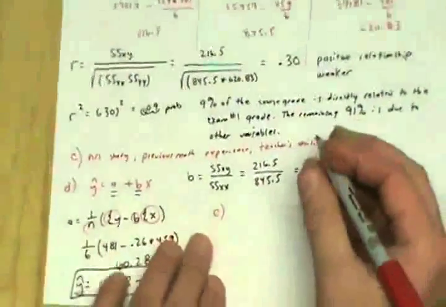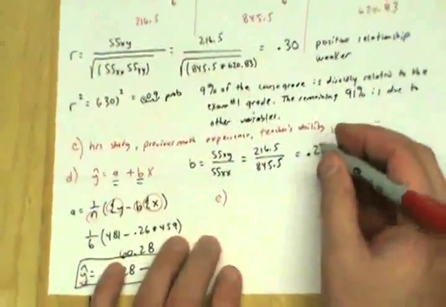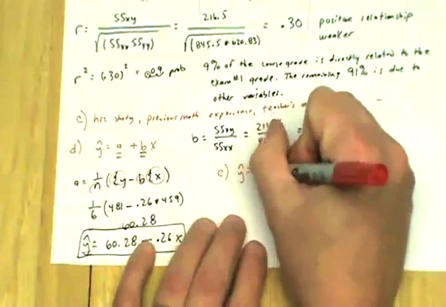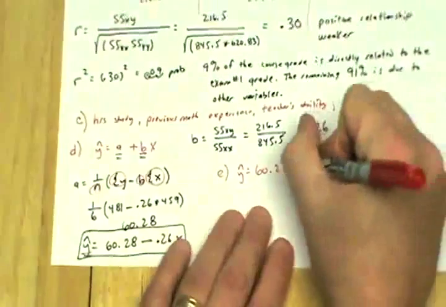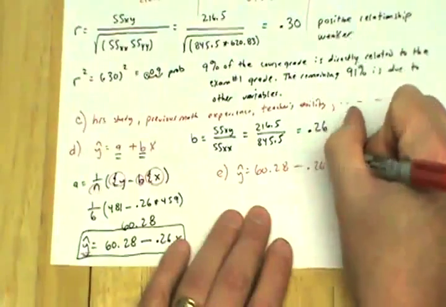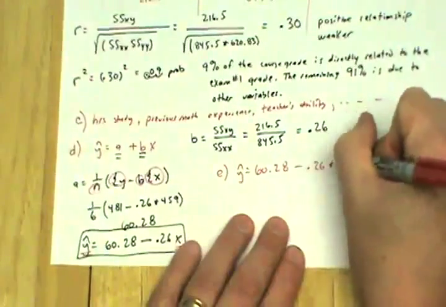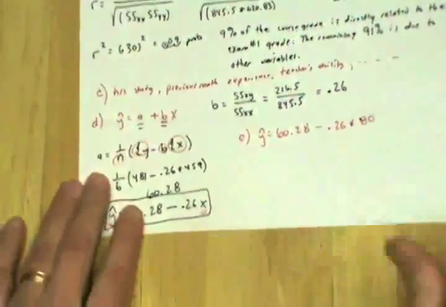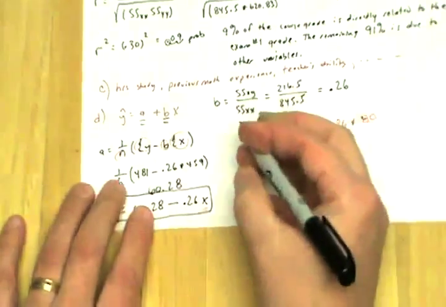Okay, so I'm going to take the value 80, which is my X value, and put it into the equation. So y hat is 60.28 minus 0.26 times 80. Oh, I'm sorry. I made a boo-boo. It's a plus bx, silly me.